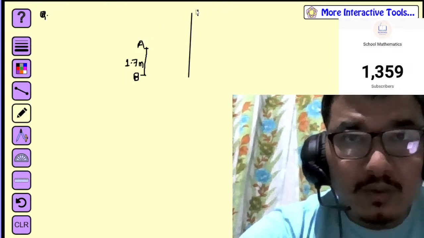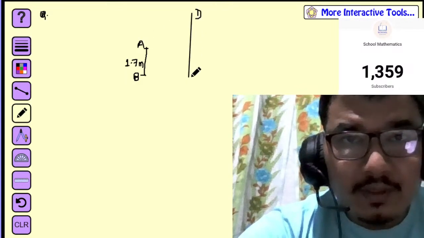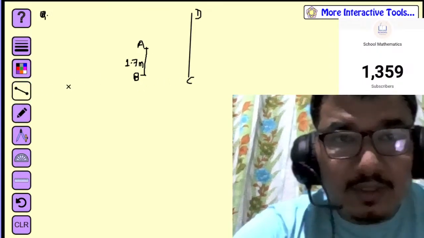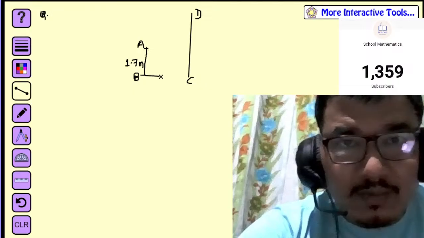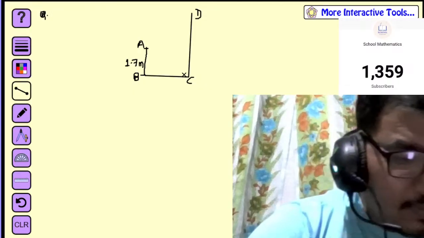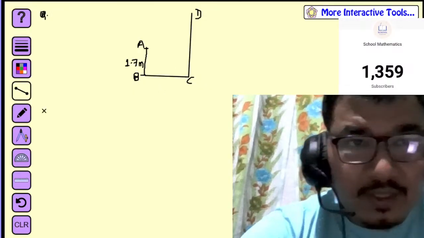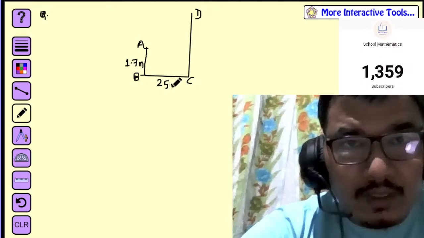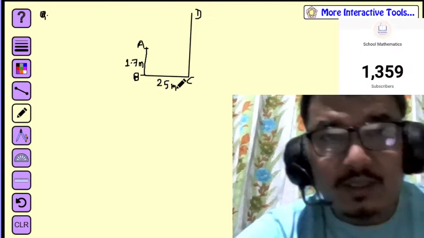This is the tower DC, and the distance between this man and the tower is given there as 25 meter. Right here, 25 meter. This distance between the tower and the man is 25 meter, right?